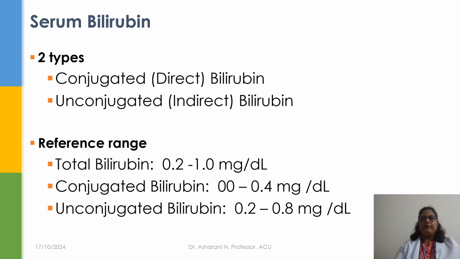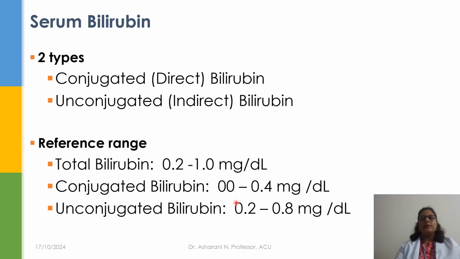So that's about the formation and fate of bilirubin. Now we will see the reference ranges for conjugated and unconjugated bilirubin. Conjugated is called direct bilirubin, unconjugated is called indirect bilirubin. This is based on the van den Bergh reaction. The reference range for total bilirubin is 0.2 to 1 milligram per deciliter.